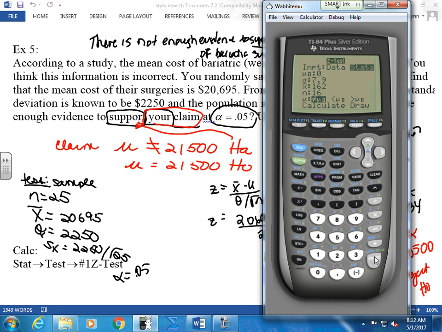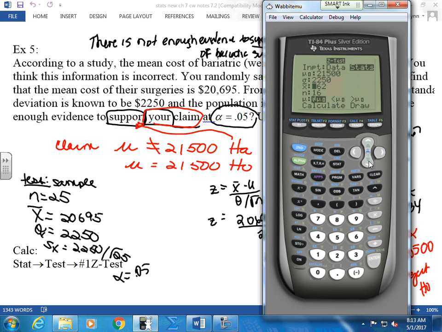Now, a little difficult to interpret, but we'll put this through. The mean sub-zero, that's your original mean. That comes from your statement. This is technically not their claim, but it is our claim that it's different from. So there's your 21,500. Your standard deviation, that came from the problem, 2250.